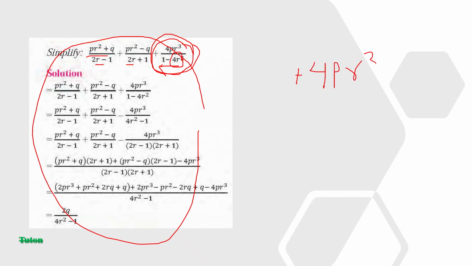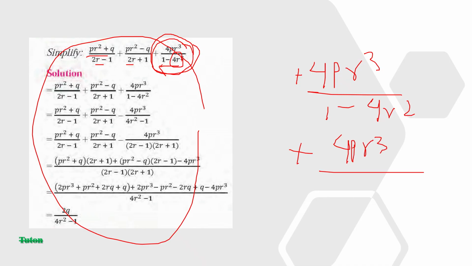We have 4pr cubed by 1 minus 4r squared, where it's a positive sign. Okay, it's 4pr cubed and we will get 4r squared plus 1. We have a positive sign in front of 1 right here.